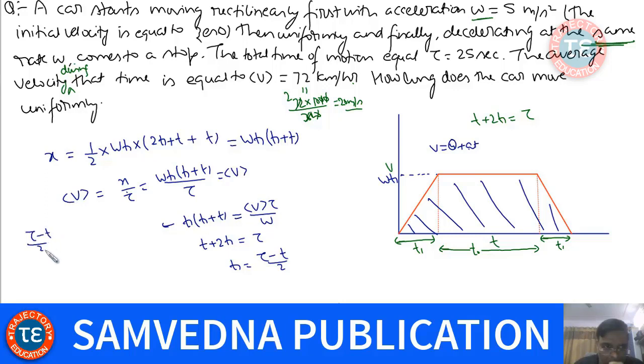So this will give us tau minus t by 2, and t1 plus t would be tau minus t by 2 plus t.